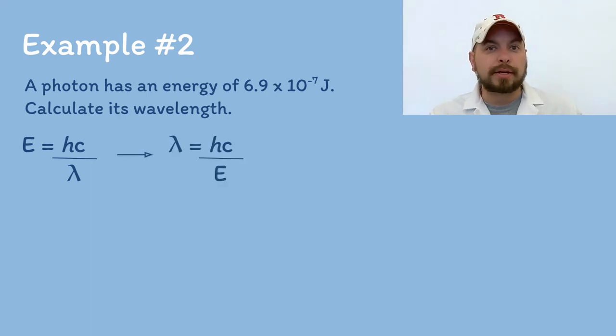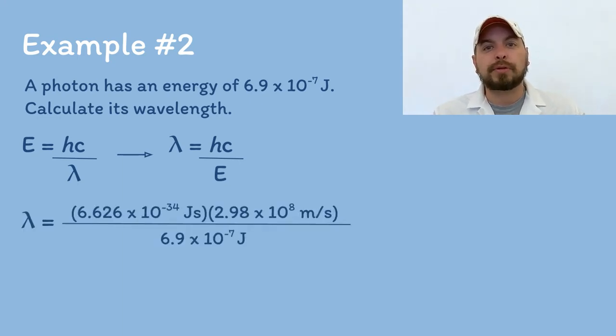If you plug that equation in, you get 6.626 times 10 to the negative 34th times 2.998 times 10 to the 8th divided by your energy of 6.9 times 10 to the negative 7th joules. Make sure you know the units you're working in. Speed of light is in meters per second, okay?